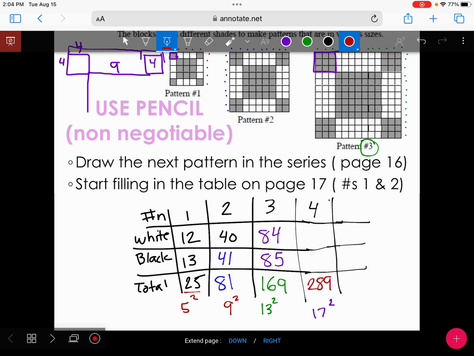How do we figure out how many white tiles there were? 144. And you drew 145 black tiles. This is the one that you drew. We could continue this pattern up. The point is to start noticing these patterns and recognizing these patterns.